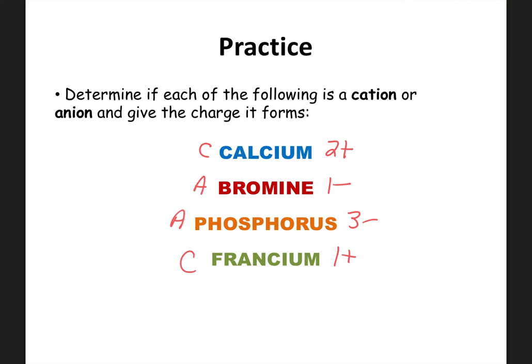So for example, calcium is in the 2 plus column, so it forms a 2 plus charge. And remember, for these 1 plus, 1 minus, you could just write the charge as minus or plus. You don't have to write the number with it, but you do have to write the number for anything above 1. So you should be able to look at your table, determine if any element is a cation or anion, and you should be able to know the charge now.